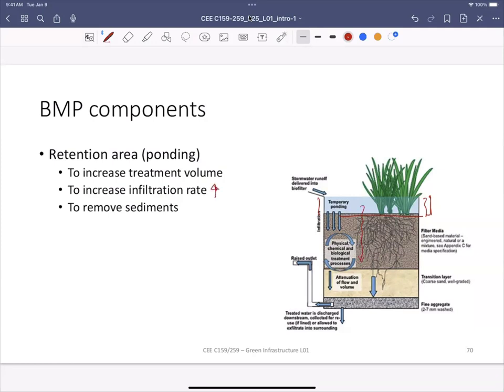So just by having more ponded water, it can increase infiltration because of the pressure the water creates. It also captures a lot more water volume, which means reduced flooding. The system can remove sediments by settling as well as by plant filtration.